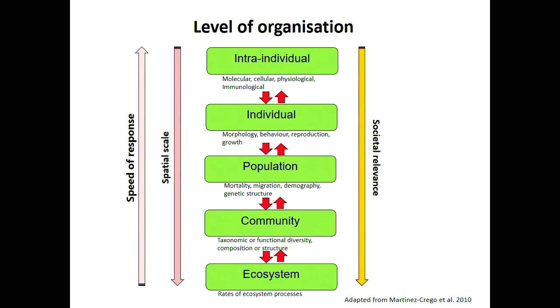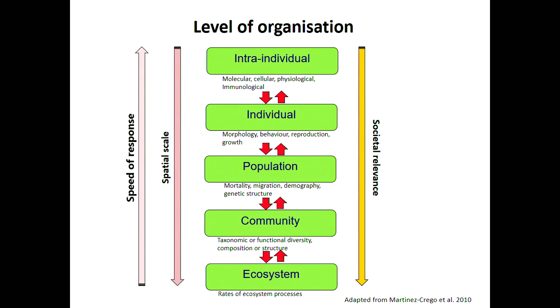The effects of those stresses can be manifested at a range of different levels of biological organization, from the intra-individual through to the community and ecosystem level, with the speed of the response maximized at the top, and what you might consider the societal relevance, in terms of conservation objectives, ecosystem services and benefits to society, most prominent at the bottom of this hierarchy.